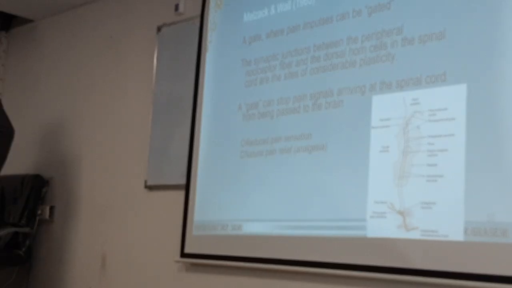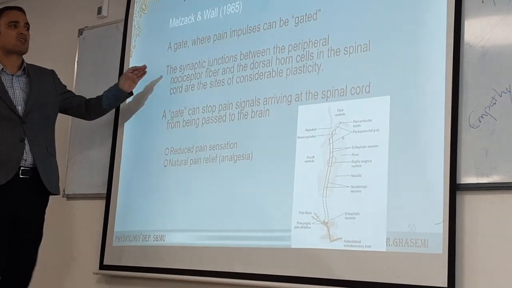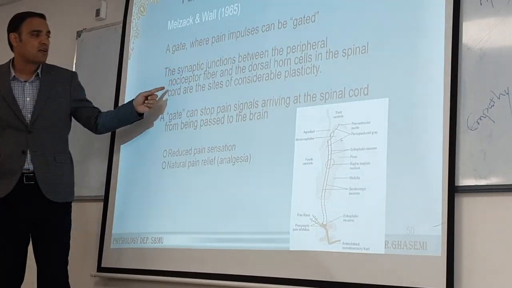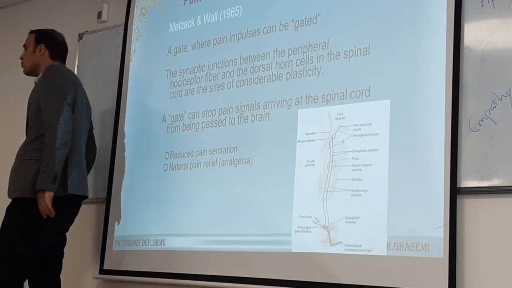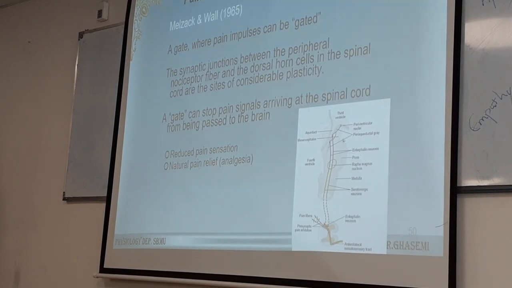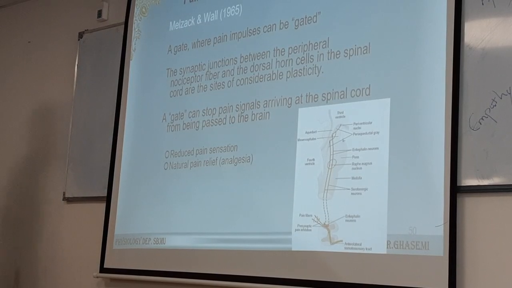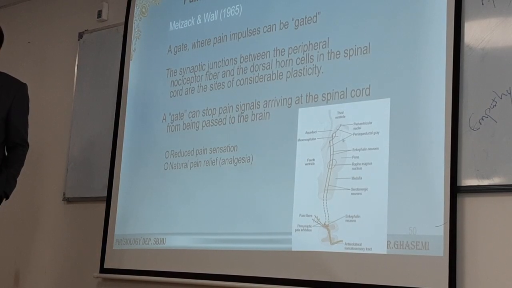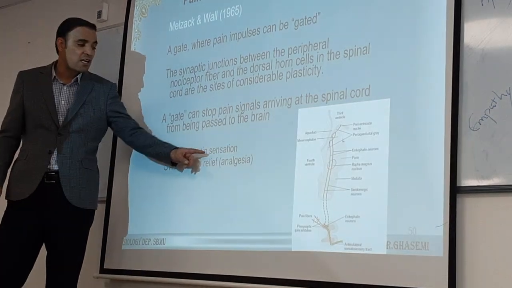I told you about the gate theory. Gate theory says that we have a synaptic junction between the peripheral nociceptor fiber and the dorsal horn cell in the spinal cord, and it has plasticity. I told you that when other nerve fibers, such as A beta fibers, are activated, they can stop the pain and generate analgesia.